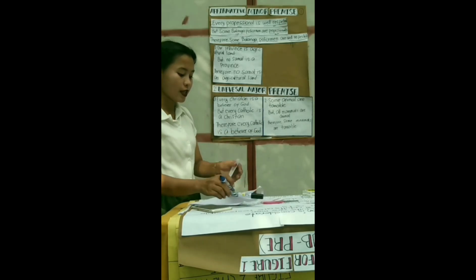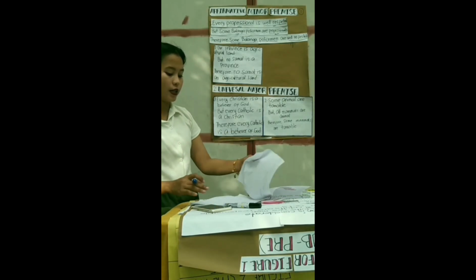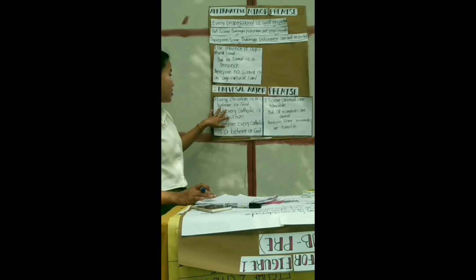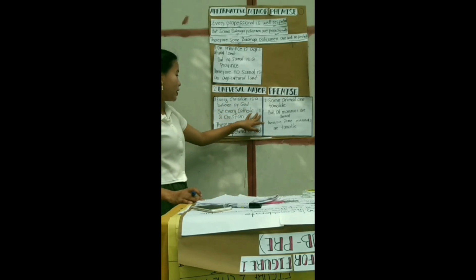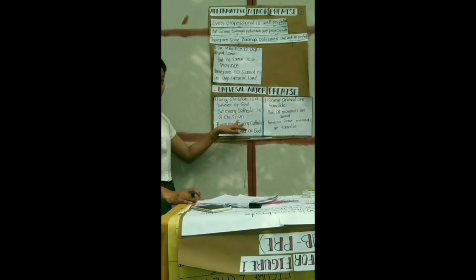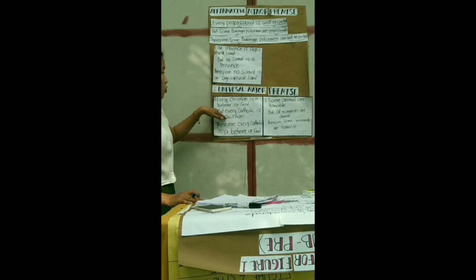So, for example, sa ano natin is, every Christian is believer of God. But every Catholic is a Christian. Therefore, every Catholic is a believer of God. So, hahanapin natin dito kung ano yung figure natin.